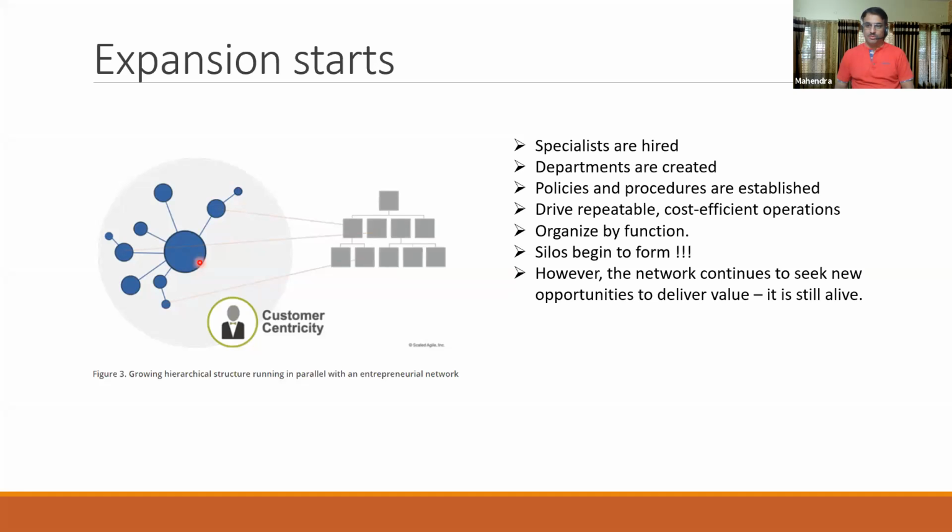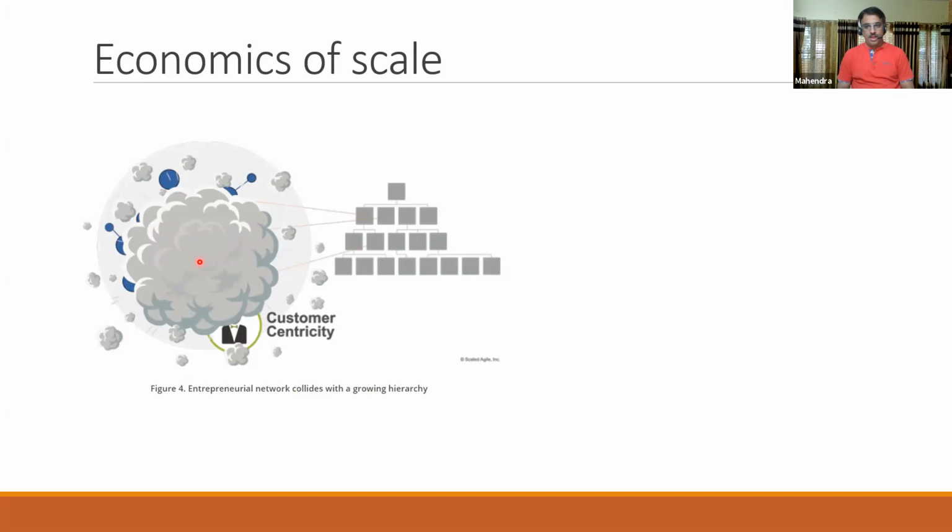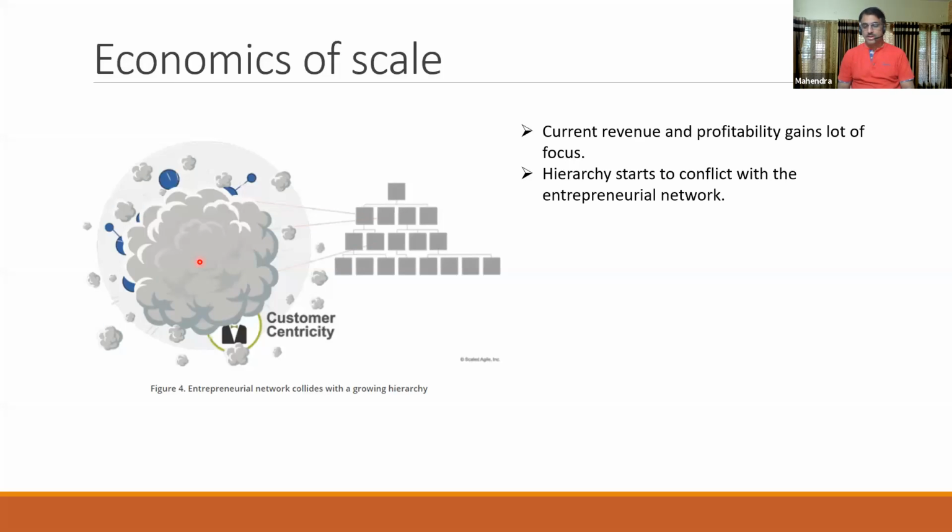There is still a focus on new opportunities and delivering value. The startup culture is not completely lost. However, when the organization gets very large and needs to take the benefit of economies of scale, revenue and profitability start getting more focus.